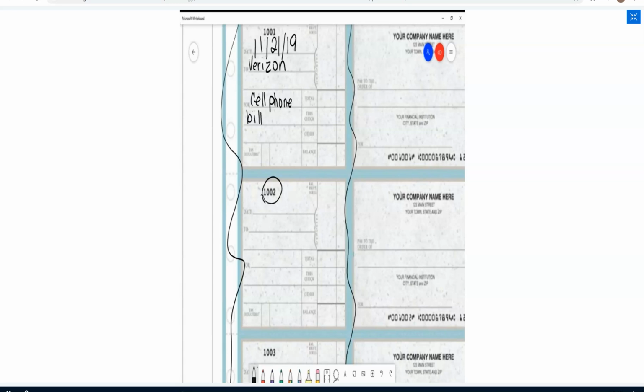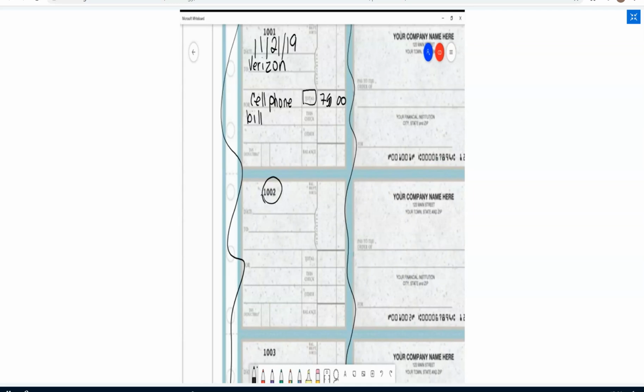Okay, now total, this total. That's what the total in your checking currently is. Okay, we know it was 0 and then we made a deposit of $750. So here we're going to write $750. Less this check.